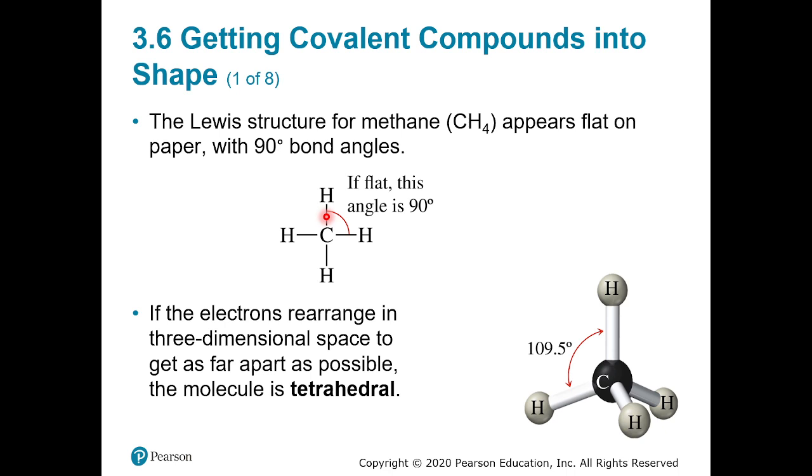If you were to take 4 balloons or 4 objects and tie them all together at a central point, what would happen to them? Would they all stay scrunched up on the top? No. They'd spread out as much as possible, right? And what you would see is if you attach 4 balloons together, you could try this out if you want. You can just clip together 4 balloons. They would actually separate out to this structure right here.